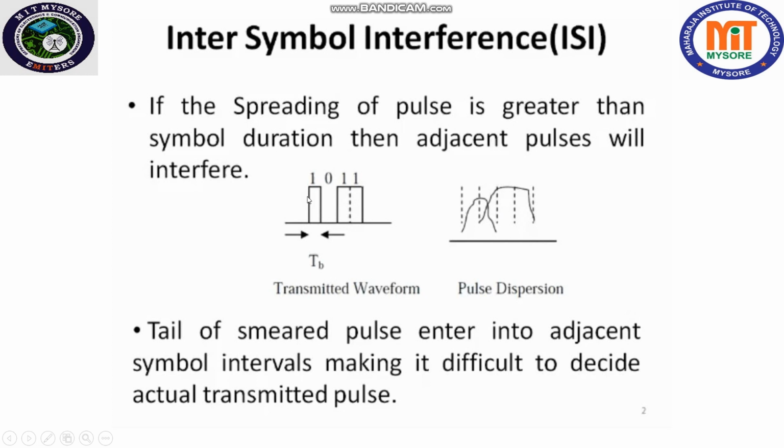This condition, where the symbol from the adjacent bit interferes with the present bit, is called intersymbol interference. Here the tail of the smeared pulse enters into adjacent symbol intervals, making it difficult to decide the actual transmitted pulse and thus causing error in the received signal.